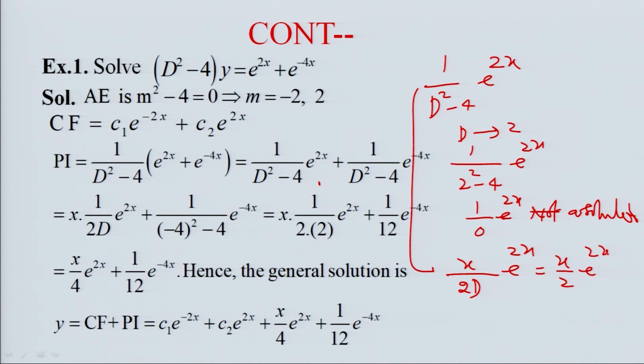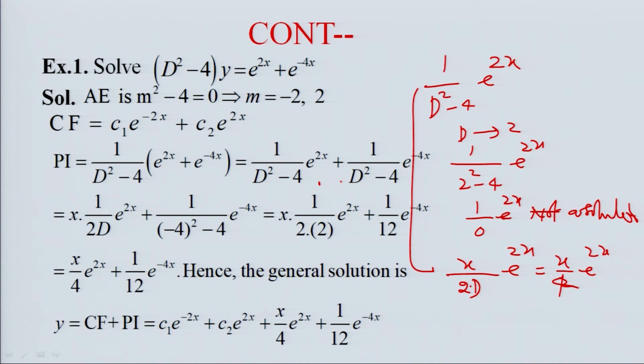It will be the solution: 2 into 2 is 4, so x by 4 e^(2x). For the second term, it is minus 16 plus 16 minus 4, which means it is 12 e^(-4x).